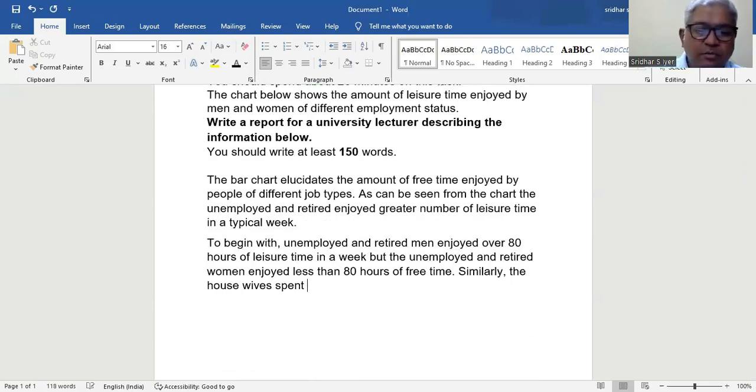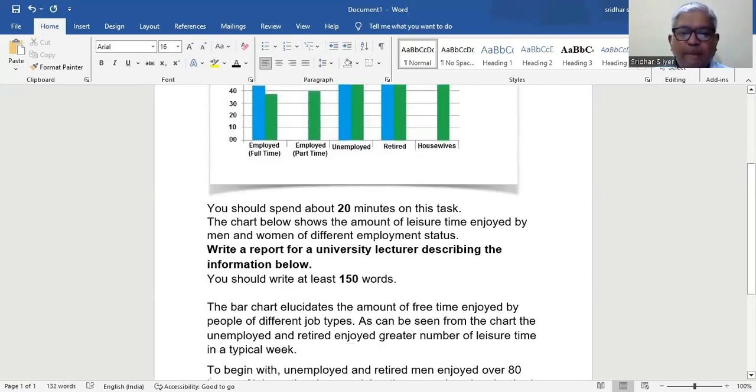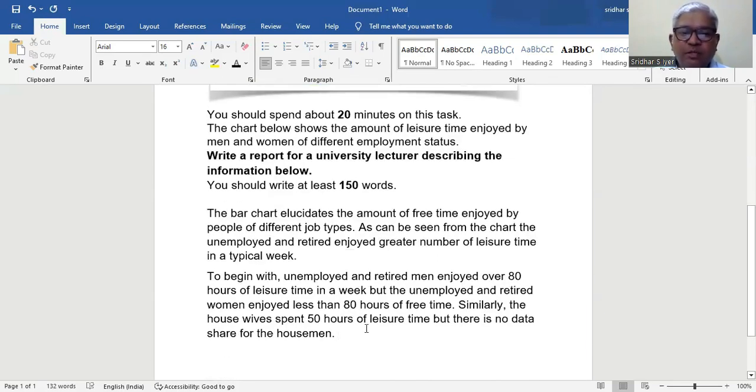Spent 50 hours of leisure time, but there is no data shared for the housemen. Okay, there is no data shared for housemen. Similarly, the housewives spend 50 hours of leisure time, but there is no data shared for housemen.